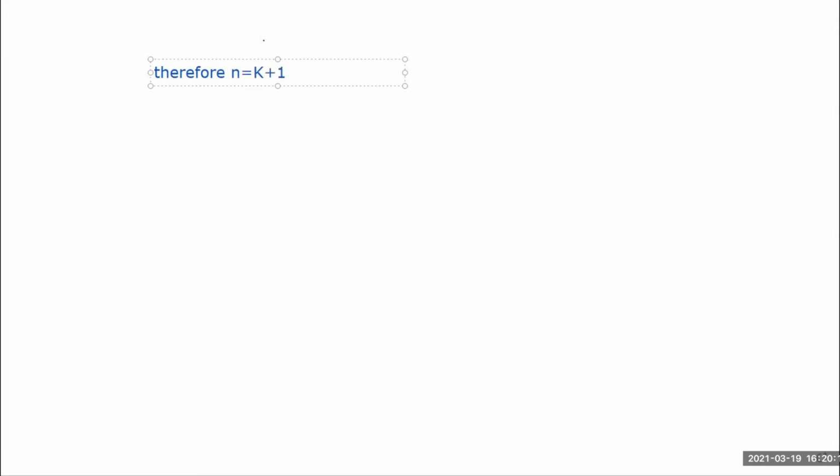And then you can write, of course, thus, by the principle of mathematical induction, the statement given is indeed divisible by 11. That's it. Nice and easy.